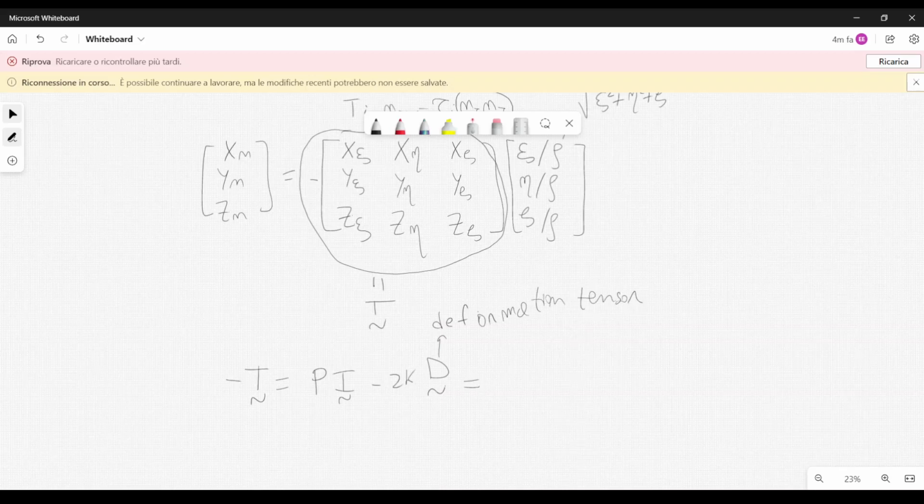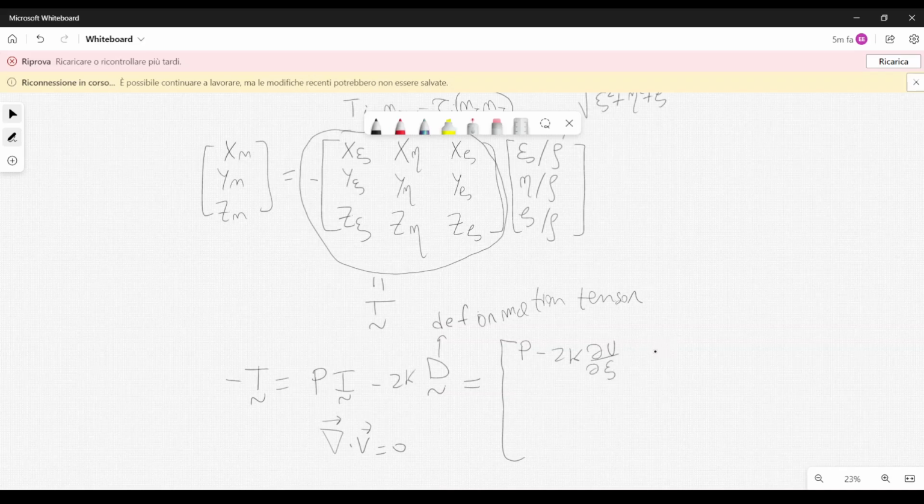And if we write this using components, if you go back and check those videos on this tensor, you will find that there is something more in this relation, but since the divergence of the velocity is zero, it means that the fluid is incompressible, and this expression will simplify. Anyway, this tensor can be written as follows. The first element, the one-one element, is P minus 2K derivative of u with respect to xi.